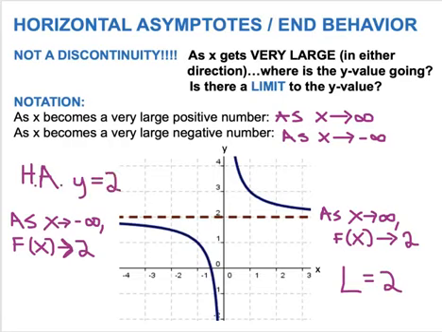Do you see here the connection between the end behavior and the horizontal asymptote? As x approaches positive infinity, f of x approaches 2. As x approaches negative infinity, f of x approaches 2, which makes our limit in both directions 2, and our horizontal asymptote is y equals 2. So the end behavior actually tells us what the limit is and what the horizontal asymptote is.